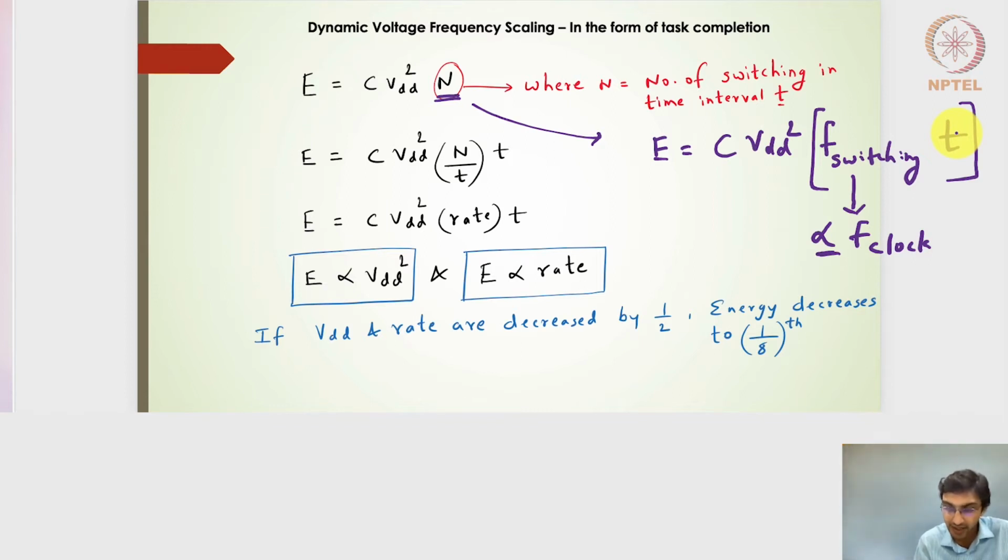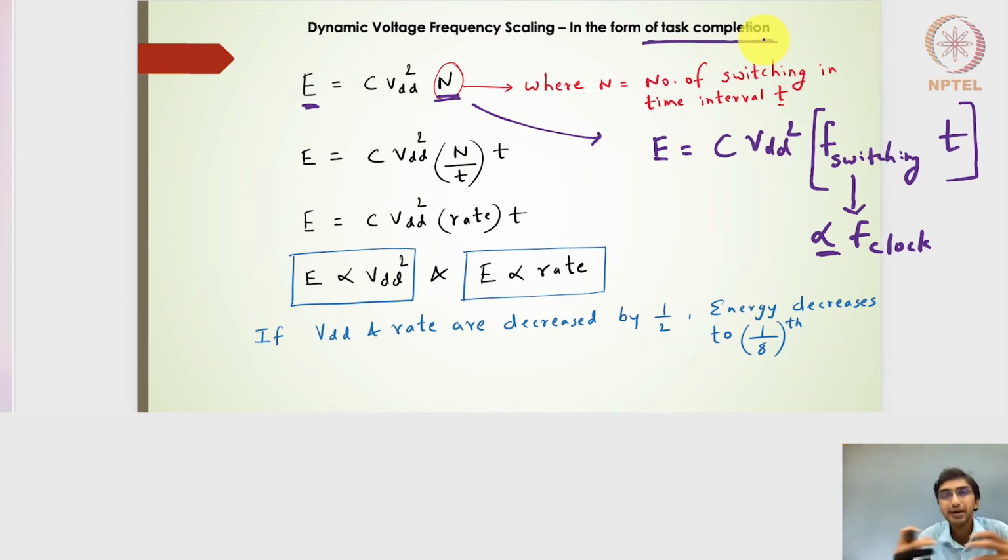All right. And we want to define this particular energy term as the energy delivered by the VDD for a particular task. So what we are trying to perceive, or read, is the energy delivered for completing a particular task. When we are talking about a particular task, we can always relate it to the number of switching that the task performs at the output nodes.